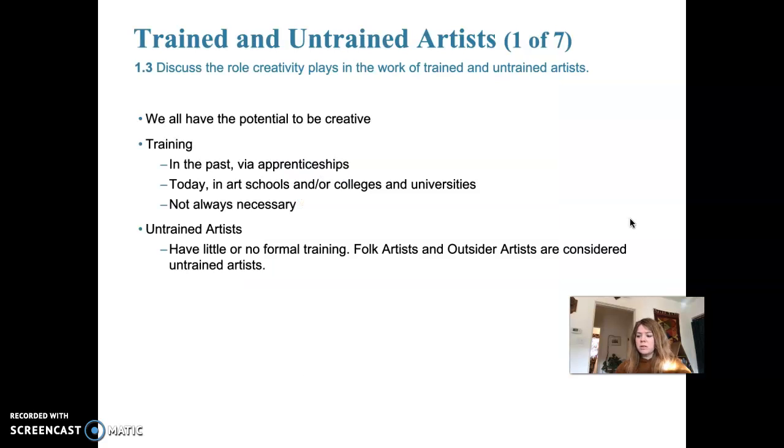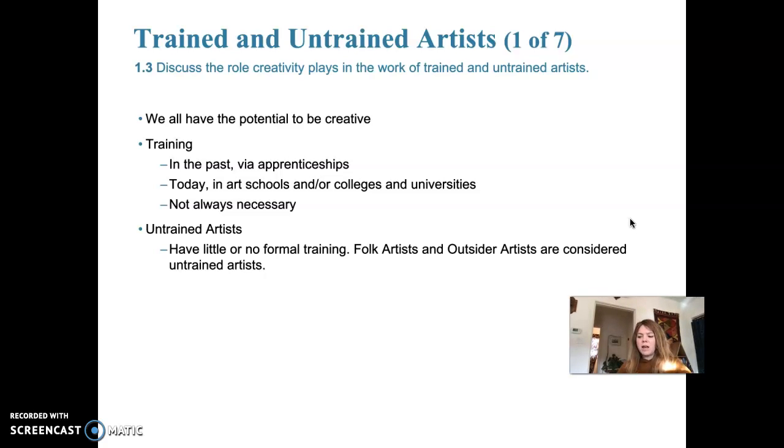So trained and untrained artists, we can talk about these a little bit. We all have the potential to be creative, and while training is helpful in the visual arts, it's not always necessary. The urge to create is a universal feeling, and it has little to do with actual training.